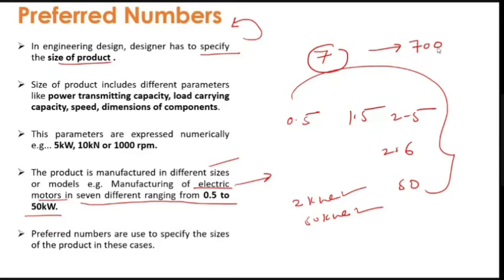What will happen? It will be a waste of time, waste of money, and that product will not be used in the market also, because the market is very specific. It is using maybe only 0.5, maybe 2, maybe 1.5, maybe 7. So there are specific numbers which the market will use for the electric motor.